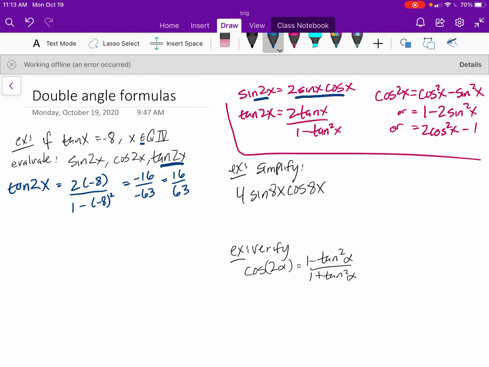Notice we never found the angle, right? In fact, I don't care what the angle is because it doesn't require that of me. It just asks what is tangent of double that angle. Since we're way over here in quadrant 4, the angle is somewhere in here. I don't know where exactly, but again, it doesn't matter.